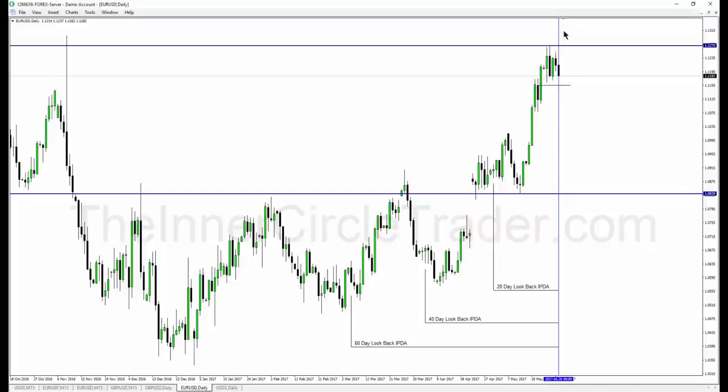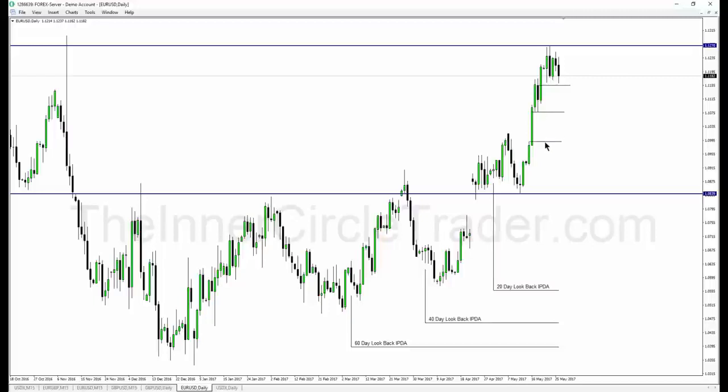I'll take this vertical line off. You would note the mean threshold as price gets down to it as well, but we're going to keep the charts very clean for right now. And we have a fair value gap that begins with this candle's low down to this candle's high.